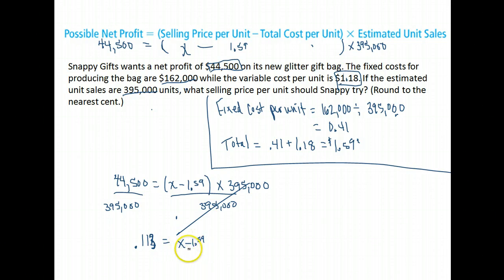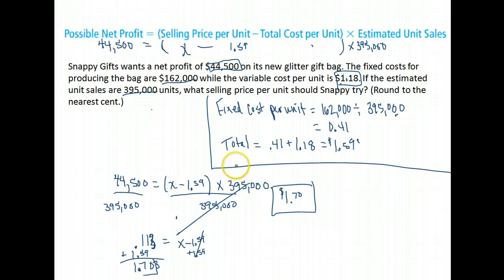We want to continue solving for X. We had minus 1.59, so to solve we would add, and whatever you add to one side, you also have to add to the other. So we have $1.59 plus 0.113 gives us 1.703. Now we want to round to the nearest cent, which is just 2 places after the decimal, so that leaves us with just $1.70. So again, it was a long process, but if you go carefully one step at a time, it's doable.